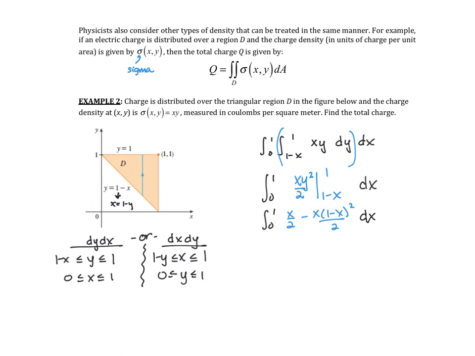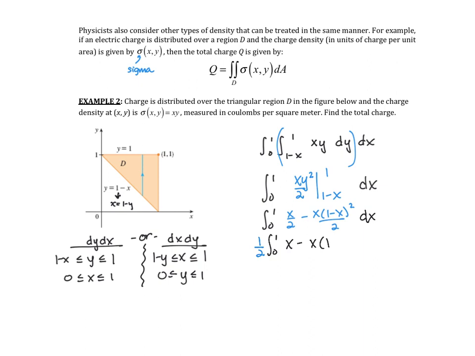Now I am going to simplify that just a little bit. Actually, I think I'm going to pull out the 1/2. So let's pull out the 1/2. That'll make it x minus x times 1 minus x squared.